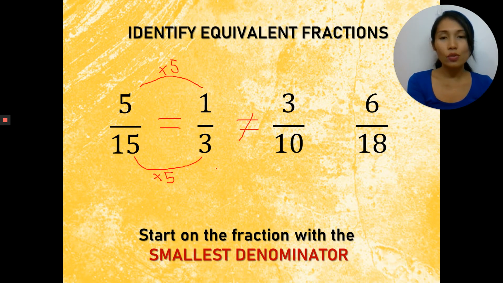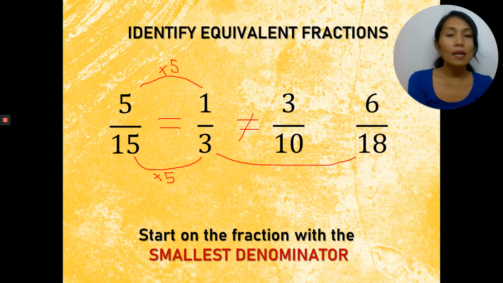Okay, let's try to see this. What are you going to multiply to 3 to get the answer 18? 6. 3 times 6 equals 18. So multiply above times 6. 1 times 6 equals 6.